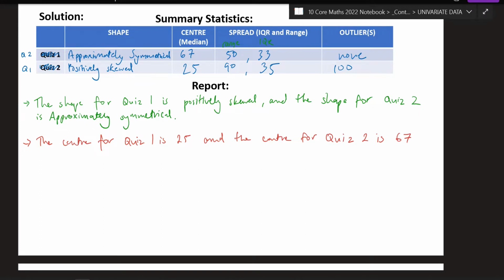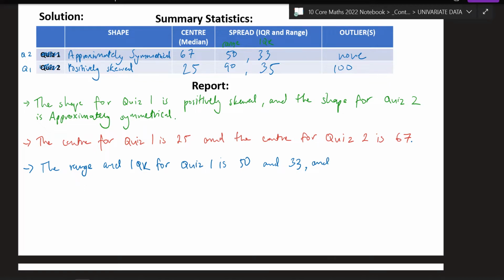And now we talk about the spread, the IQR and the range. You could say range and IQR for quiz 1 is, and you literally state it, 50 and 33. Or you could write the range for Q1 is 50, and its IQR is 33. You could state it that way, as long as you're stating all of this.